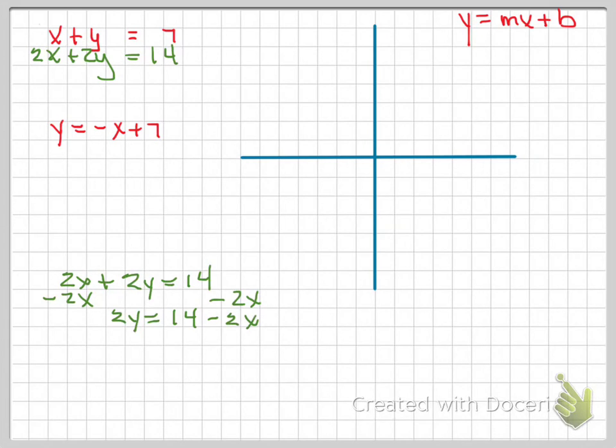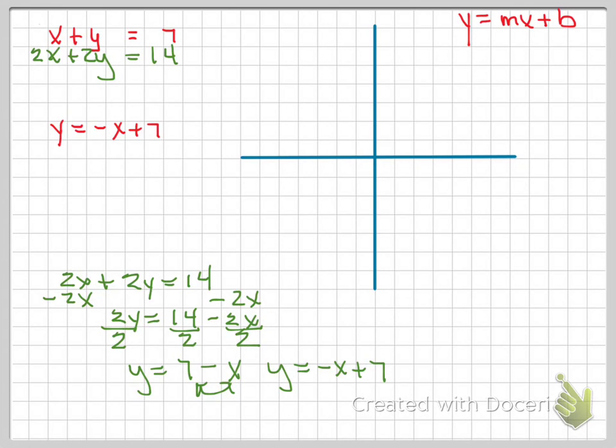Y is still not by itself, so we divide by 2 and we divide by 2. And what we see is y equals 7 minus 1x, or x. And then we need to reverse these to get it in the standard form. So y equals negative x plus 7.